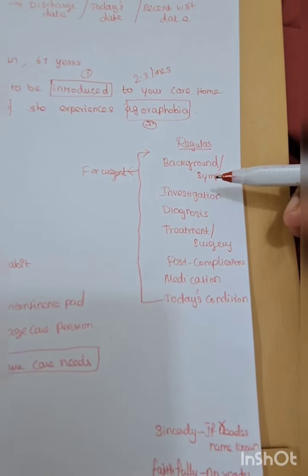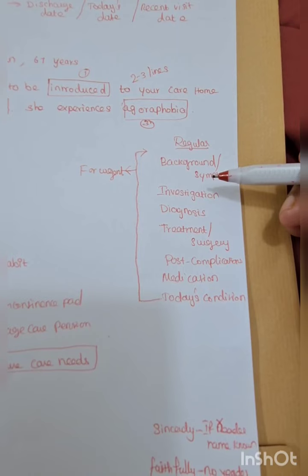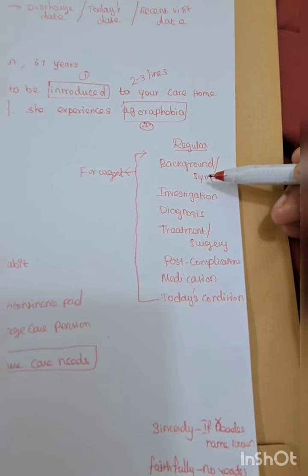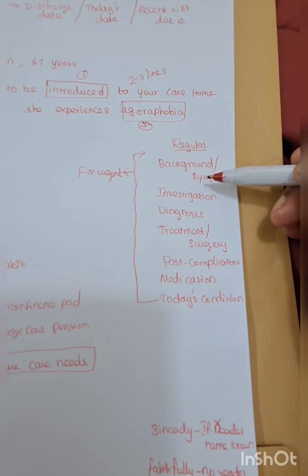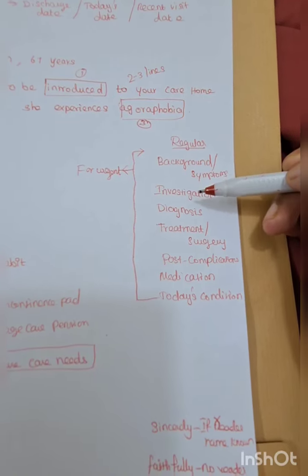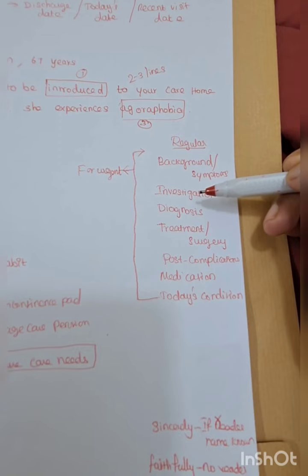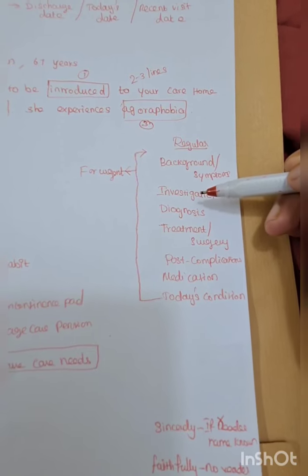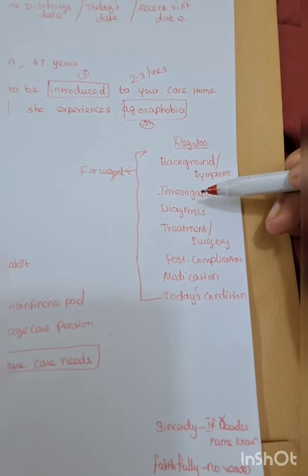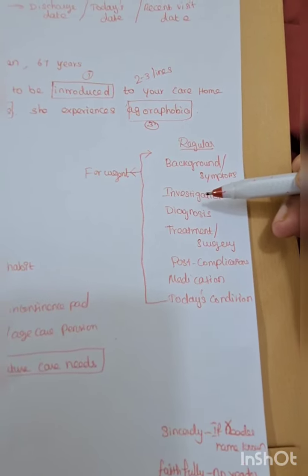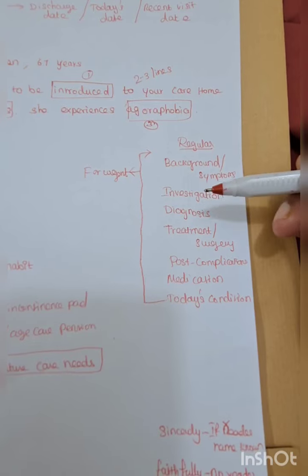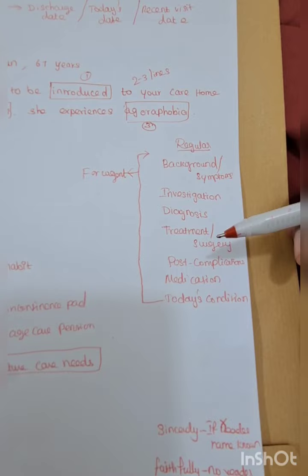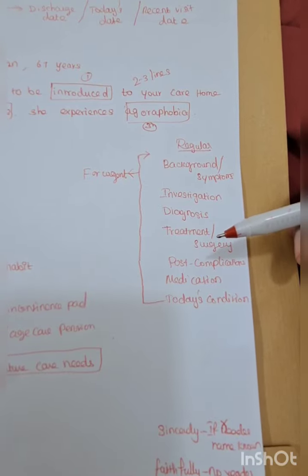So initially, how she came to you, that will be included and this should be in the past. And what all the investigations you provided. Investigation in the sense of some examinations, vital signs monitoring or ECG or CT scan. So what kind of investigation she underwent to get a proper diagnosis.